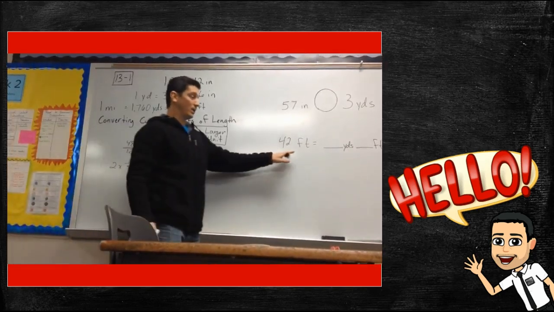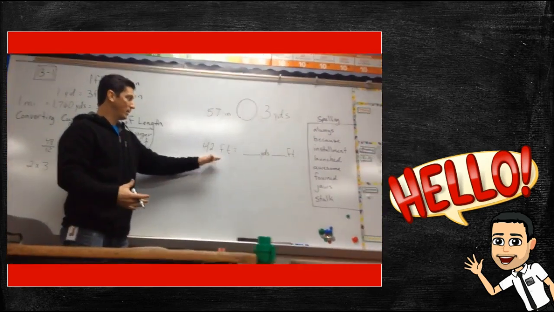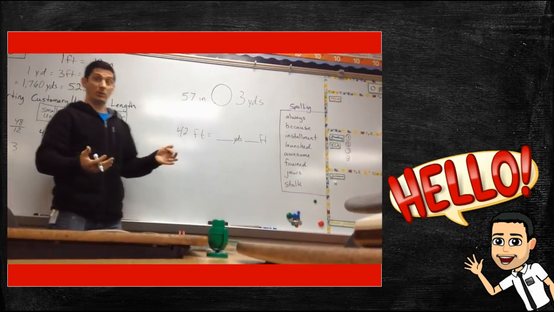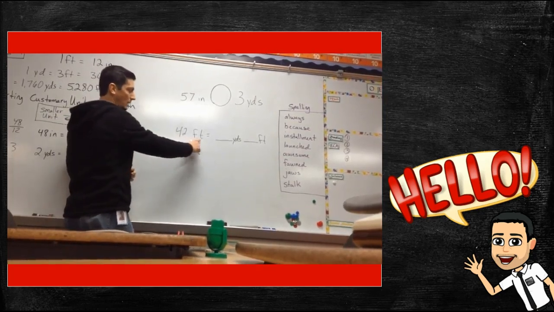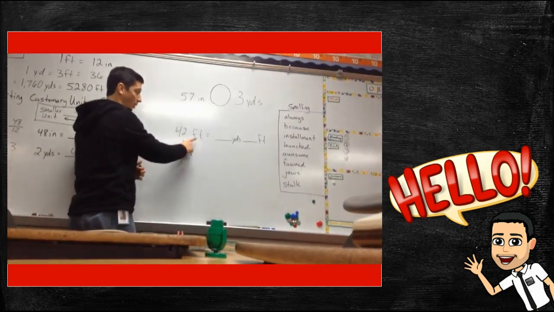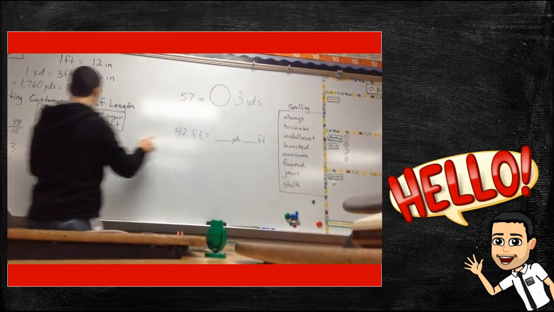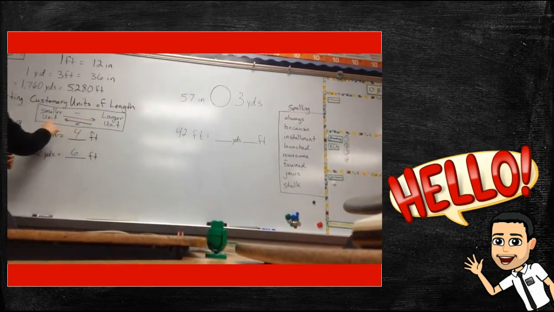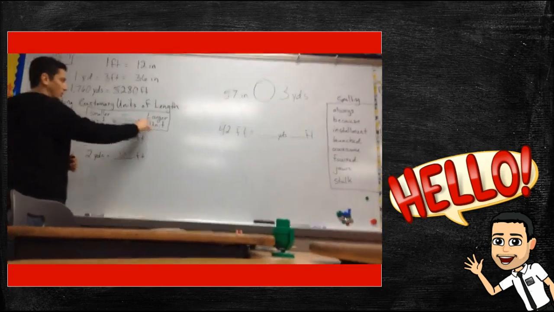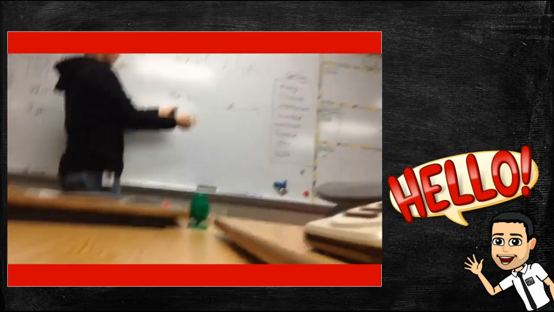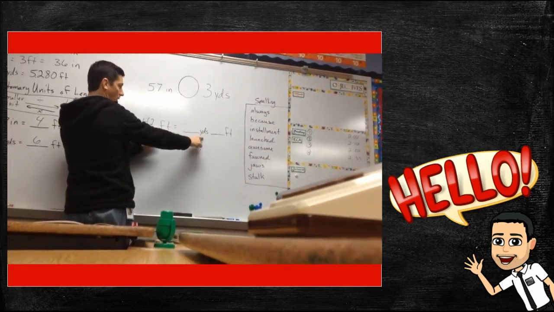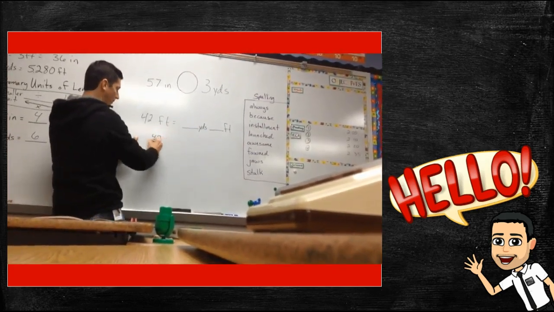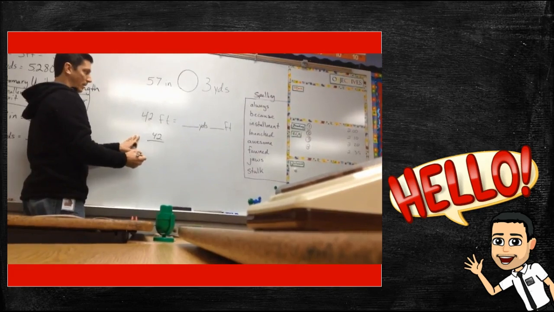So over here, you have the same kind of problem, but you're going to have a little bit left over. So if I'm going from feet to yards, this is the bigger unit. I'm going from a smaller unit to a larger unit. I'm going to divide. Well, what do I divide by?